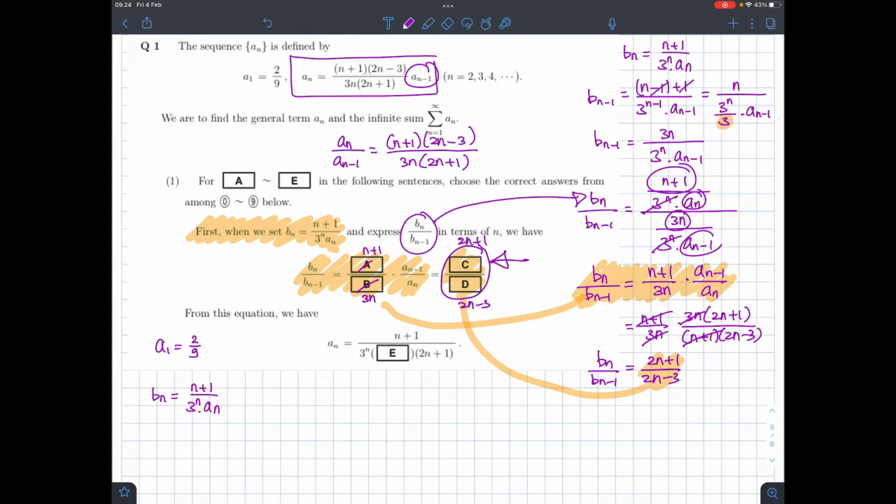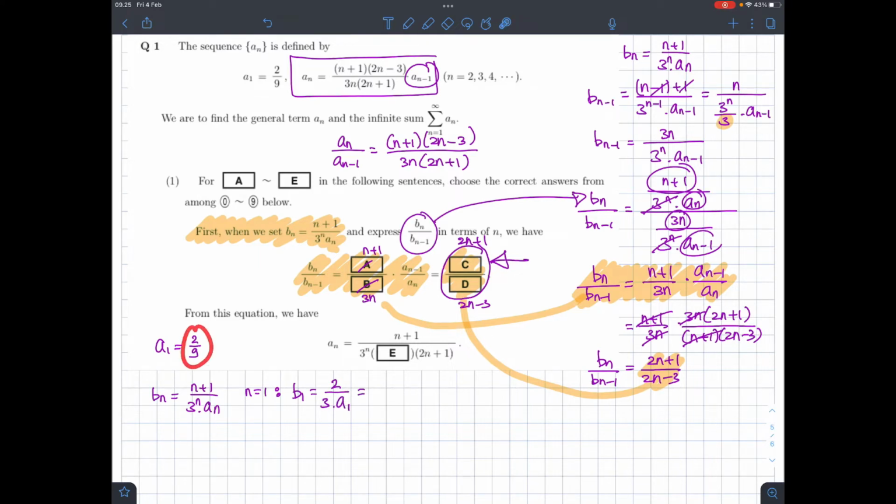So I think if we substitute n equal 1 here, we will get B1, right? B1 equals 1 plus 1 is 2, over 3 to the power of 1 is 3, times A1.